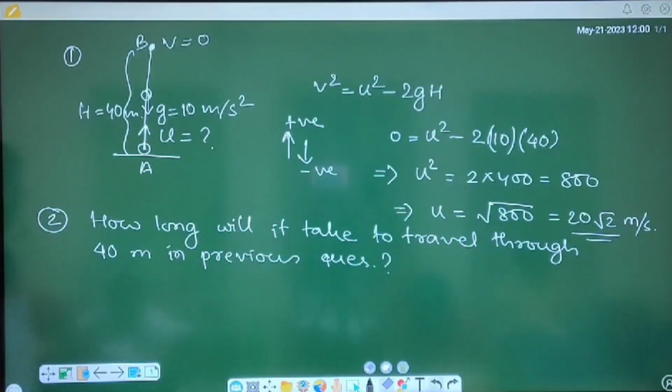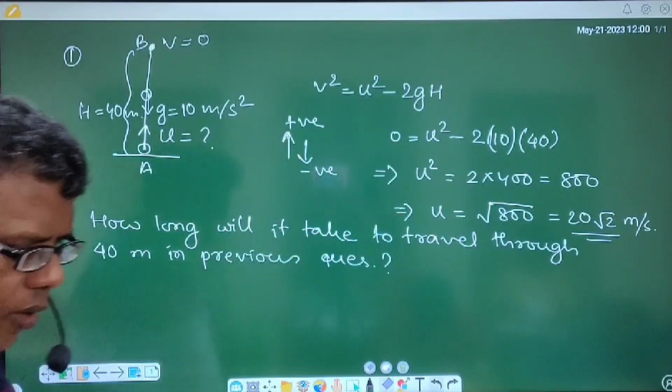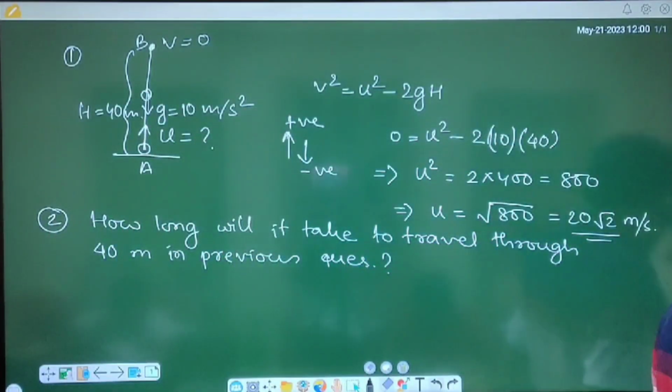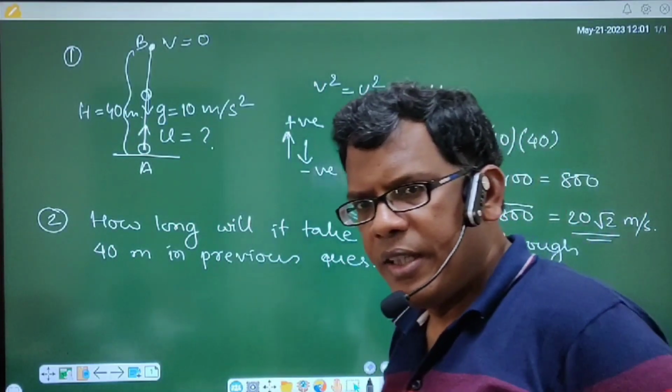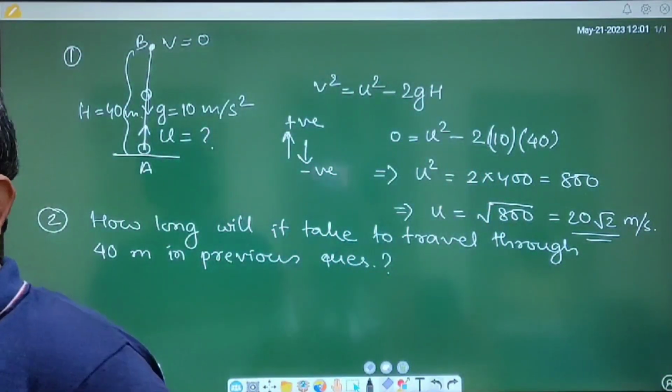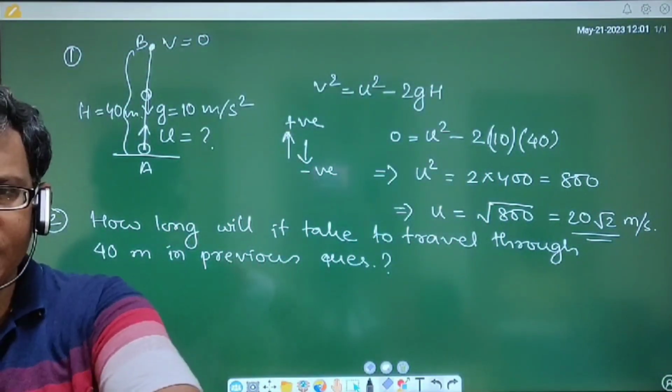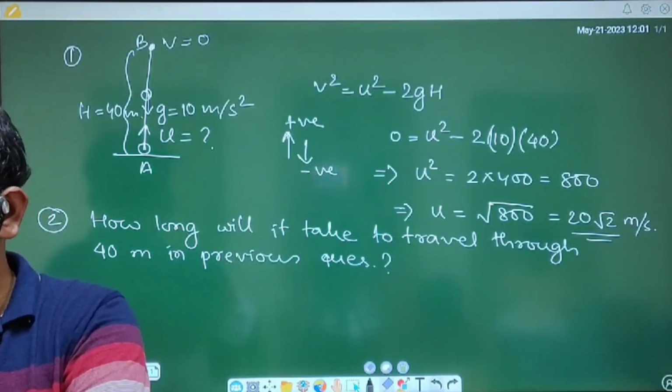So now you should search for a time related formula, what you know regarding straight line motion, where you can relate U, V, T or S. Which formula? Tell me.